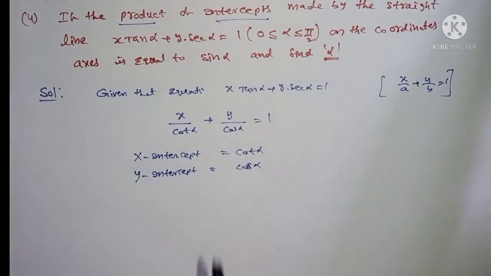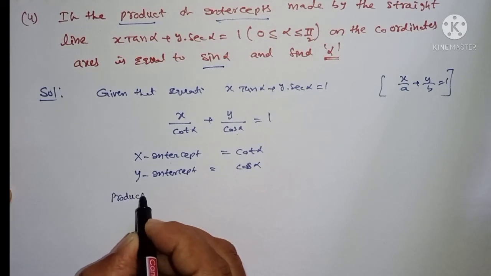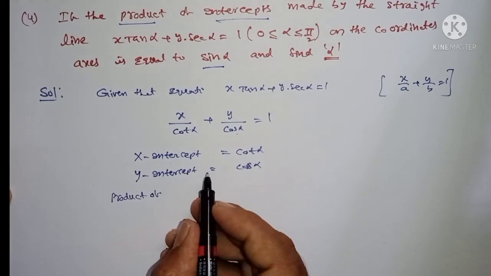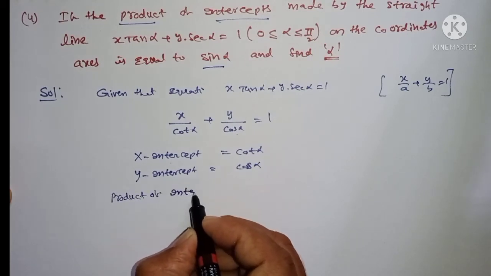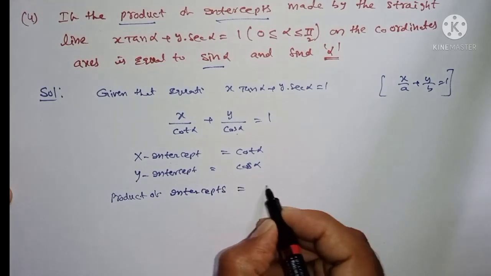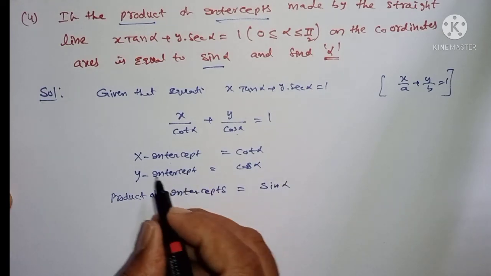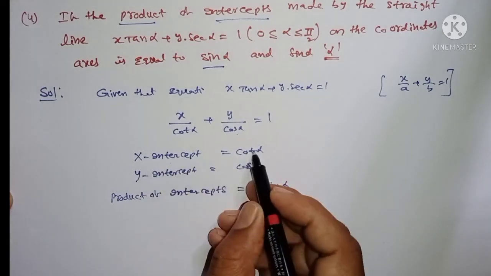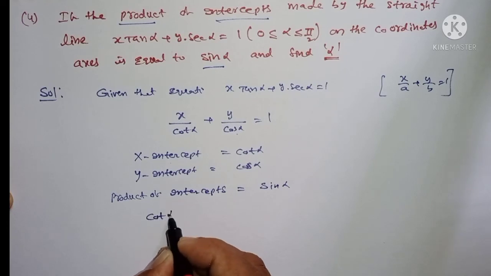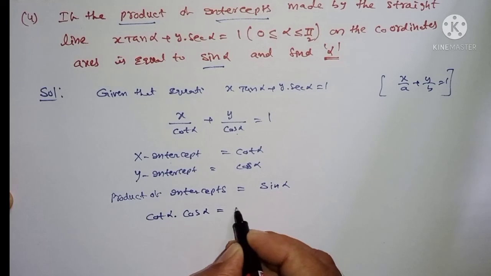The product of the intercepts is given as sin alpha. Therefore you can write here product of intercepts is equal to sin alpha. What is the product? x intercept is cot alpha into y intercept is cos alpha is equal to sin alpha, as given.